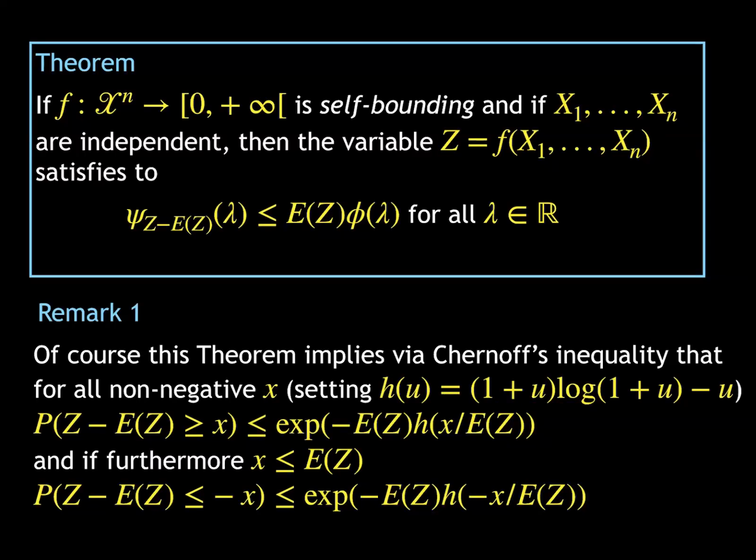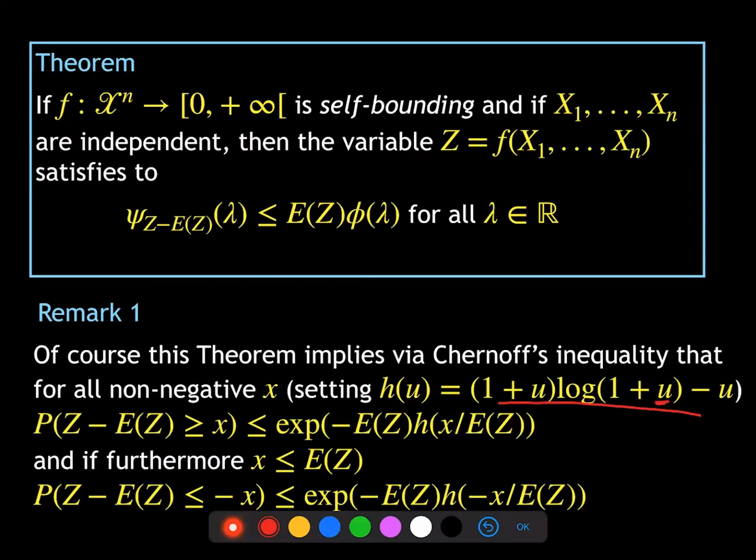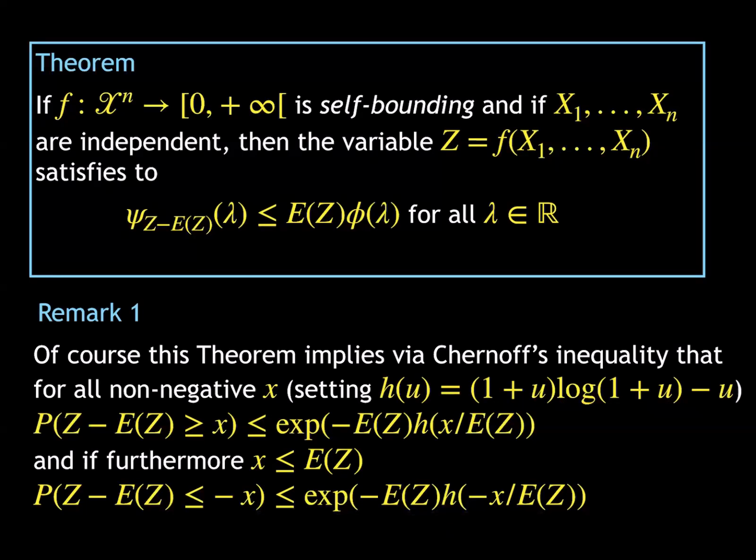So on the left-hand side, you have some problems when the argument u here is less than -1. But of course, you do not need to look at the function in this area, just because if x is larger than the expectation of Z, you are looking at the probability that Z is negative, and of course it is equal to 0. So you do not need to look at the tail in this region.